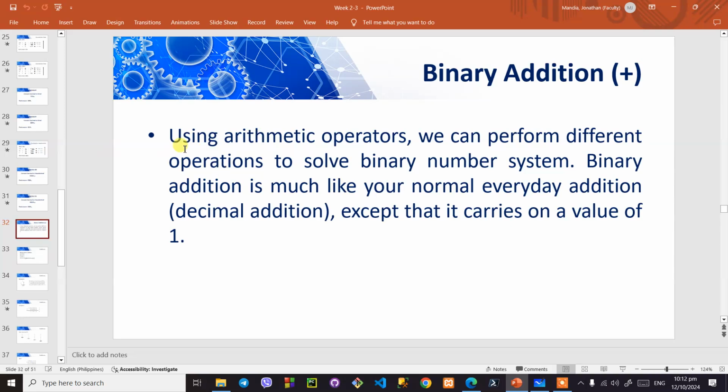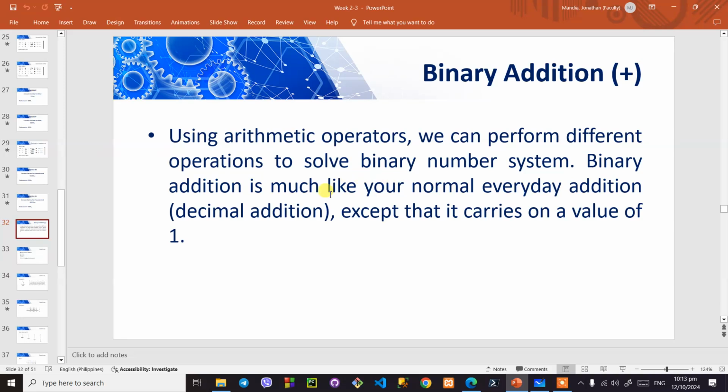So you have the right place to review. Just open this pre-recorded video. You can browse it or stream it anytime if you want to review your binary addition by means of arithmetic operators: addition, subtraction, and multiplication.